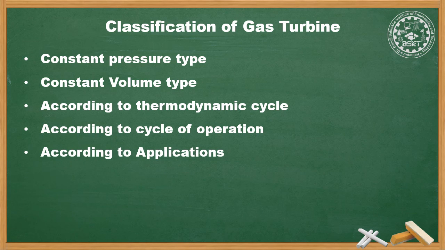According to the application, the gas turbine is classified as used for supercharging, for ship propulsion, and for industrial application. And according to the different fuel used, the gas turbine is classified as diesel gas turbine, paraffin gas turbine, kerosene gas turbine, coal gas turbine, and producer gas turbine.